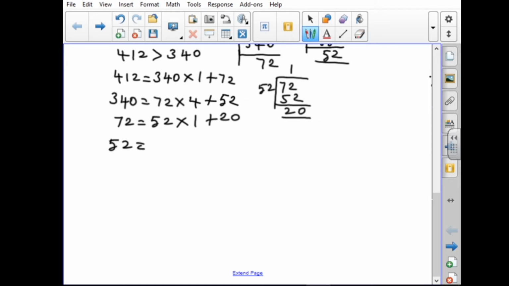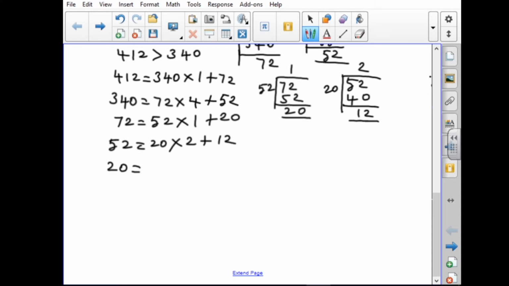52 equals 20 into, this is the dividend, this is the divisor, you have to divide. 52 divided by 20, 2 times, 40, the remainder will be 12. So 20 into 2 plus 12. Again 20 you write here: 20 equals 12 into, this is the dividend, this is the divisor. 20 divided by 12 is 1, 12, the balance will be 8.